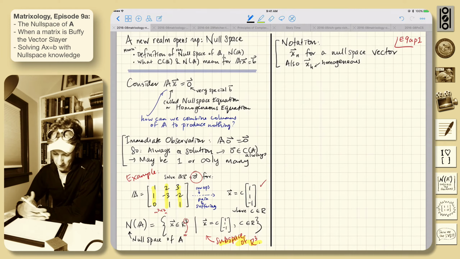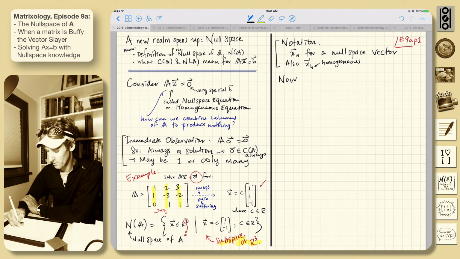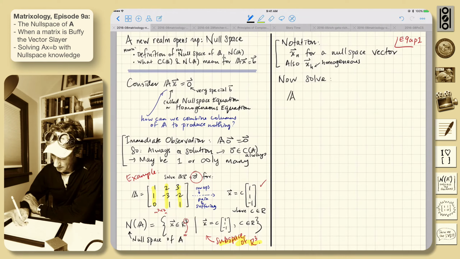Okay, so let's imagine we've got the same A. We're not solving the null space problem now. So now solve A, X, and I'll put it in properly.